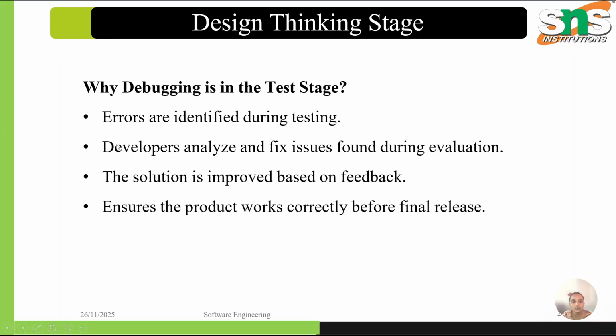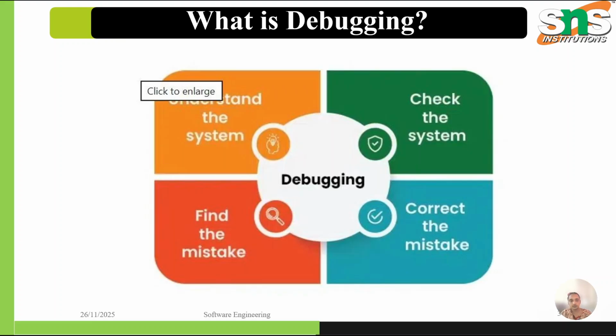Next, developers analyze and fix issues found during the evaluation. The solution is improved based on the feedback. The fourth one is that it ensures the product works correctly before the final deployment. What is debugging? Debugging is to understand the system. First, we understand what we are going to do in the project. Next, check the system, whether it is correct and applicable or not.